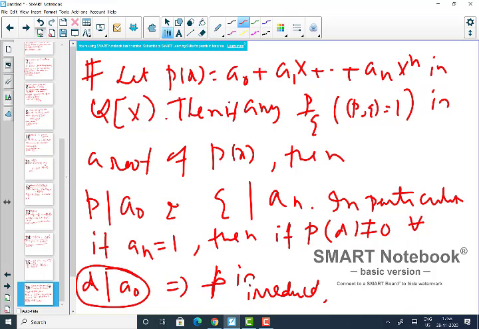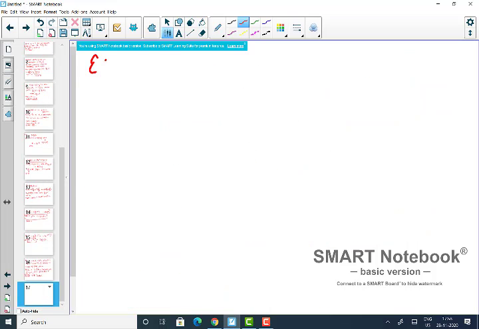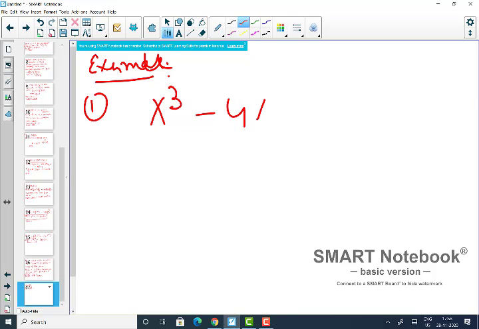So maybe I will give an example. Let me just write down, say, x^3 minus 4x plus 2.